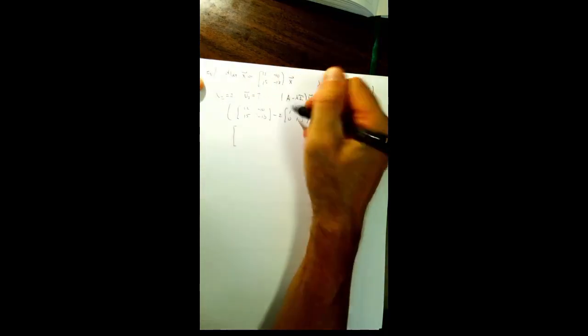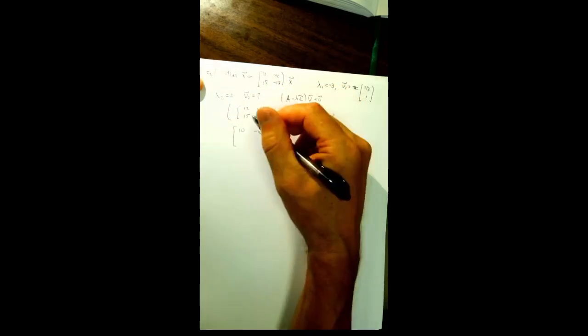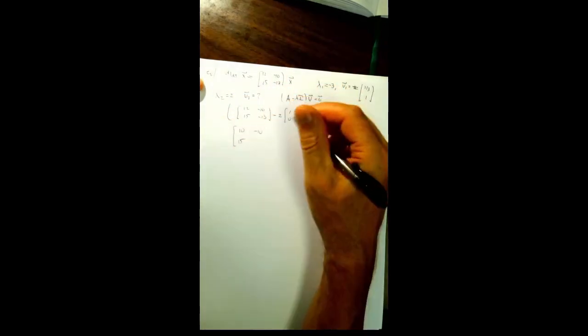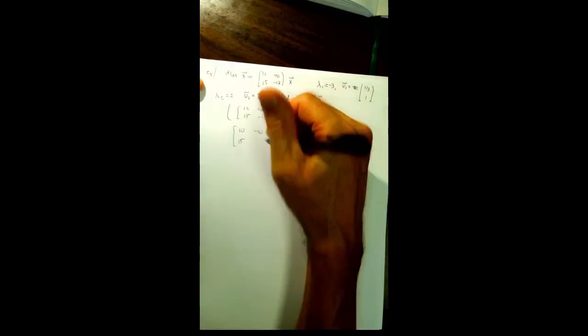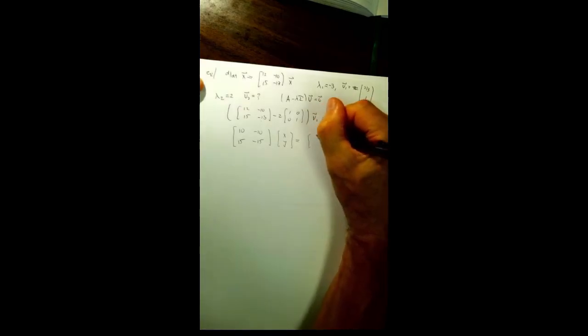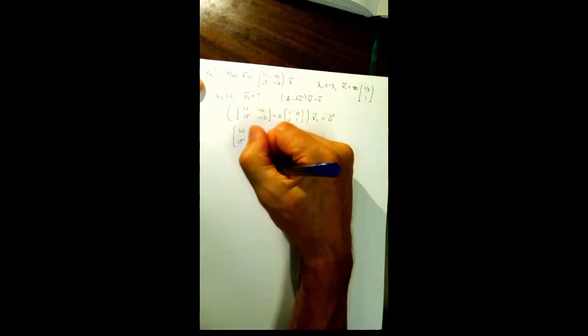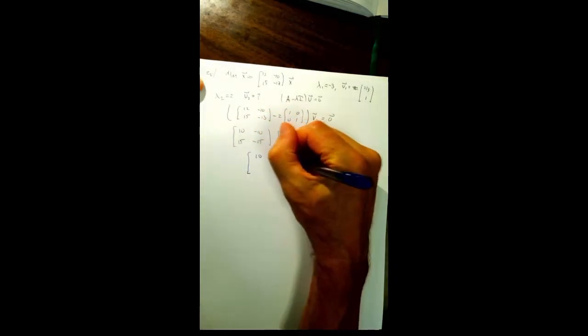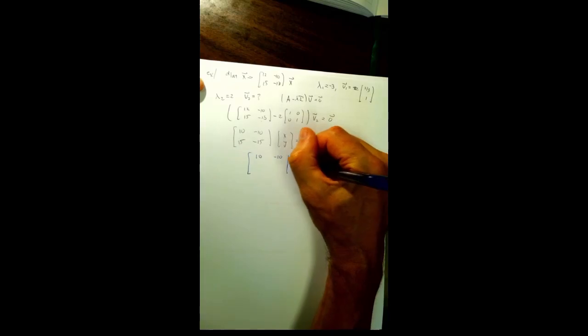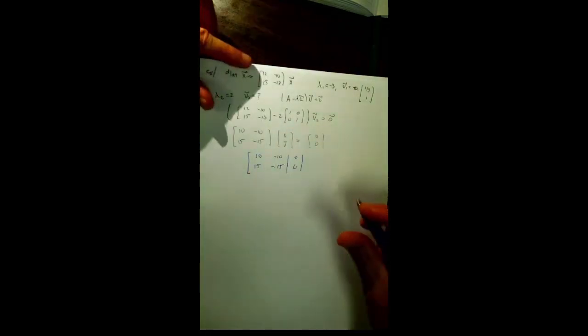So I'm going to have 12 minus 2 is 10. Minus 10 minus 0 is minus 10. 15 minus 0 is 15. Minus 13 minus 2 is minus 15. Assume that V2 is some x, y, and that is 0. So I can put this in my augmented matrix. This is kind of ugly.